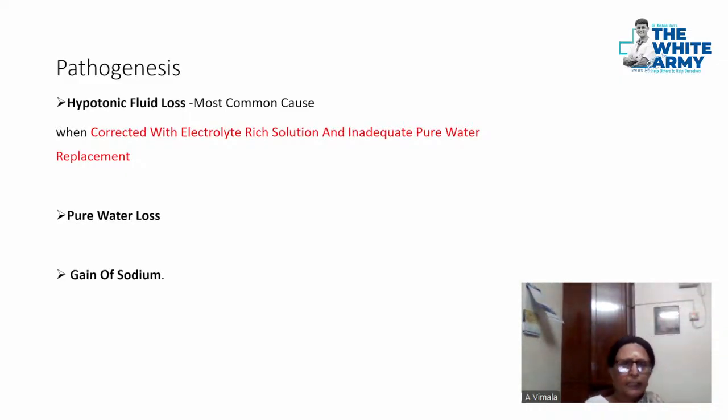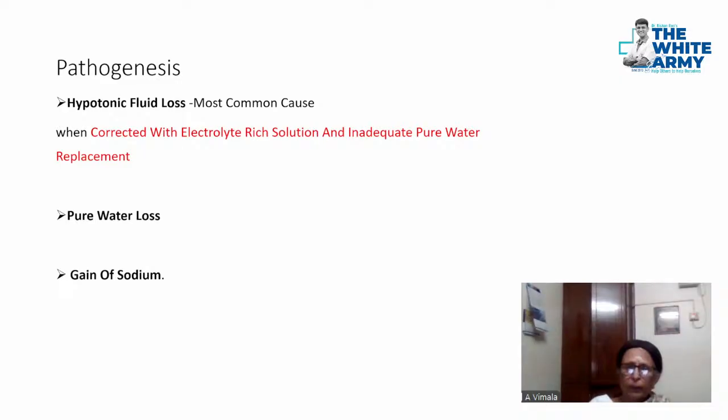So having discussed the defense mechanism, how does one develop hypernatremia? The first and foremost cause is a hypotonic fluid loss. What do you mean by hypotonic loss? If the fluid that is lost has got less sodium than the plasma, that is called a hypotonic fluid loss.